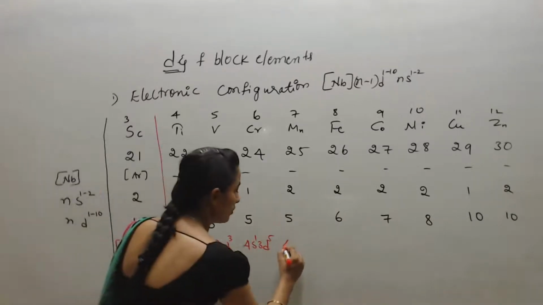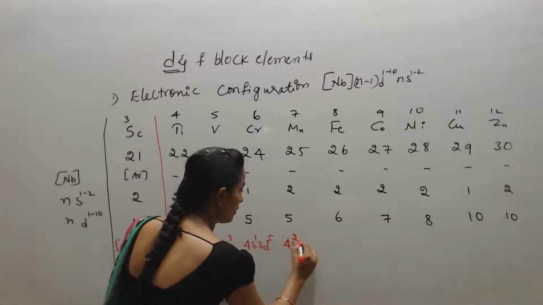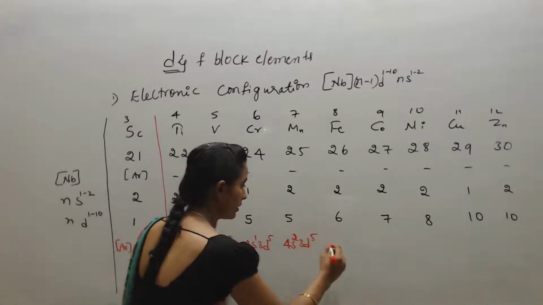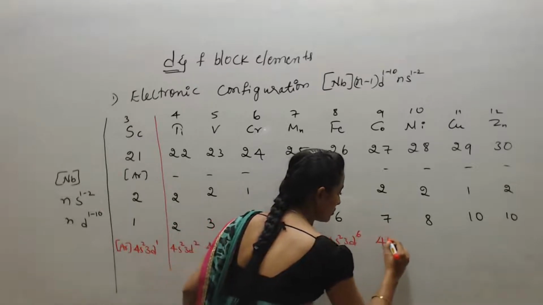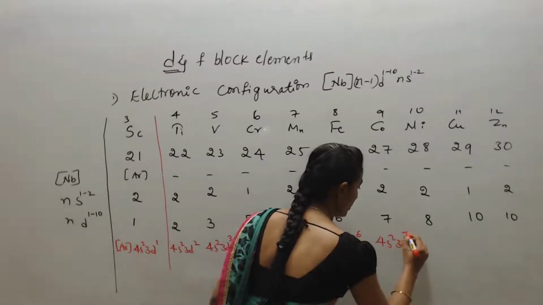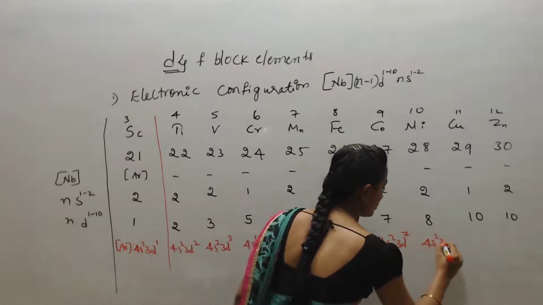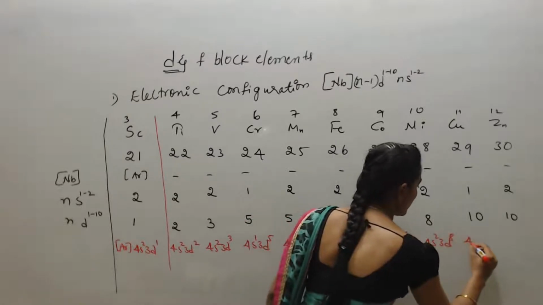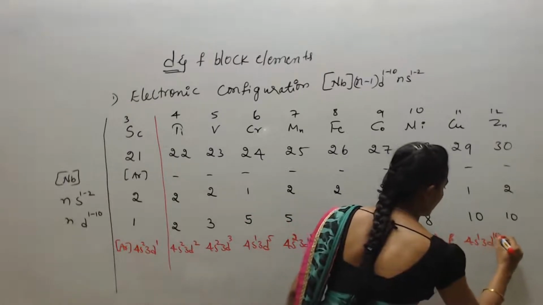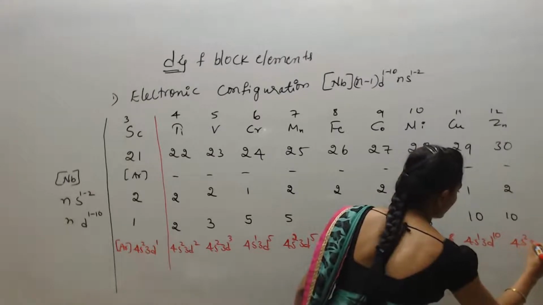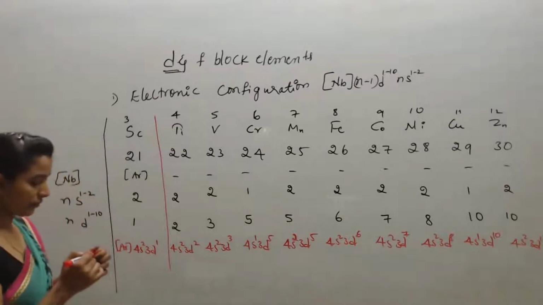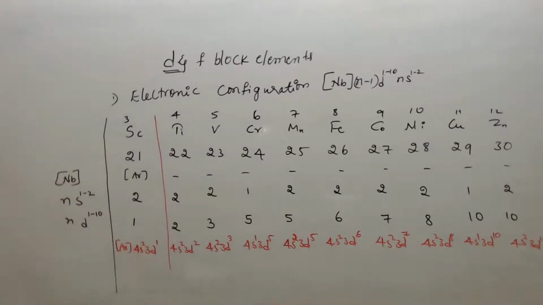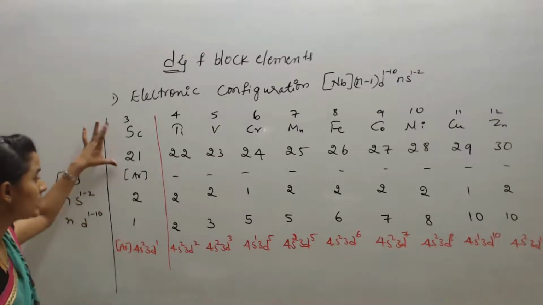Here 4s2 3d5, here 4s2 3d6, here 4s2 3d7, 4s2 3d8, 4s1 3d10 and 4s2 3d10. So this is the electronic configuration of the first series, that is the 3d series.